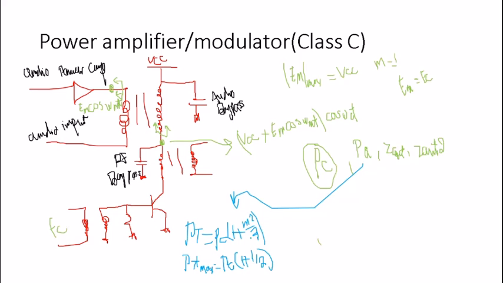What we need to take into consideration too is that the efficiency of a Class C power amplifier equals the power of the carrier divided by the power of the supply, or the source, which we have right here. And assuming that the Class C amplifier has a very high efficiency, let's just say 100% efficiency, we can know that the power of the carrier here equals the power of the supply.